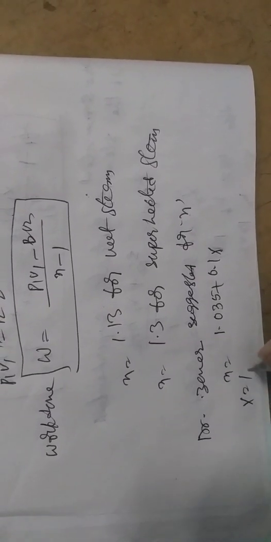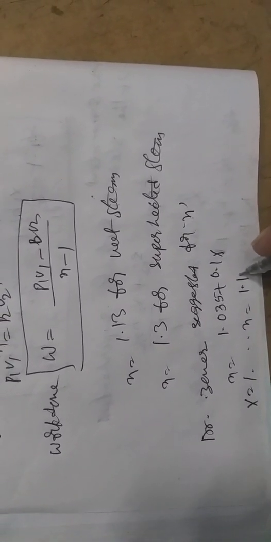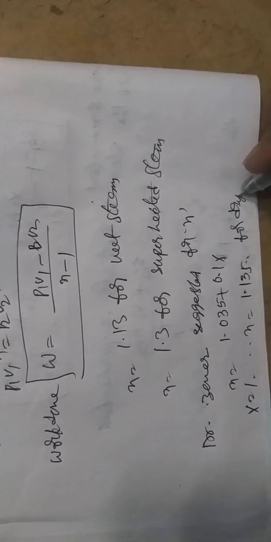For x equal to 1, n is equal to 1.135 for dry steam.